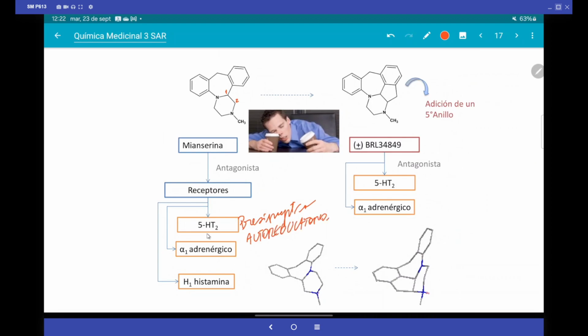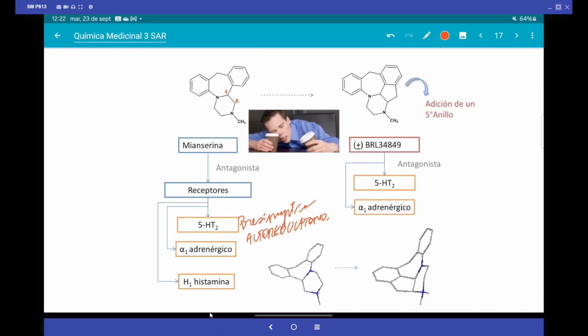That is, if we antagonize it, we are blocking the stop signal within the neuron, and the neuron continues to release more serotonin. The adrenergic alpha-2 is also a self-regulating presynaptic receptor for the release of noradrenaline. If we antagonize it, because these are the receptors that stop the release of the neurotransmitters, they are the presynaptic ones, not the postsynaptic ones.